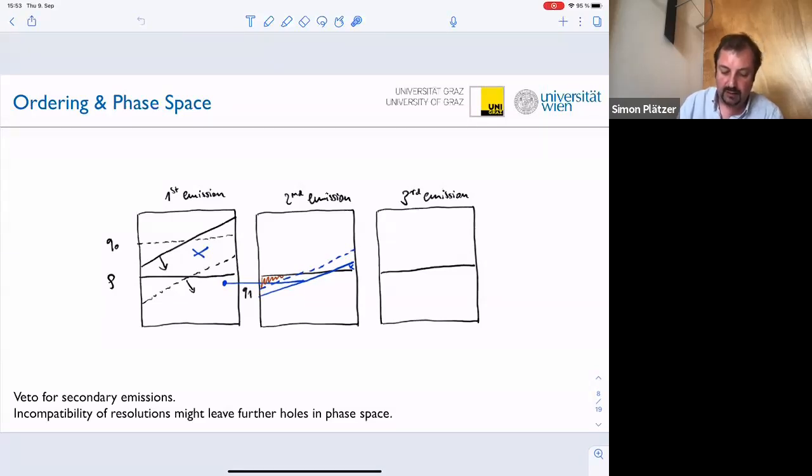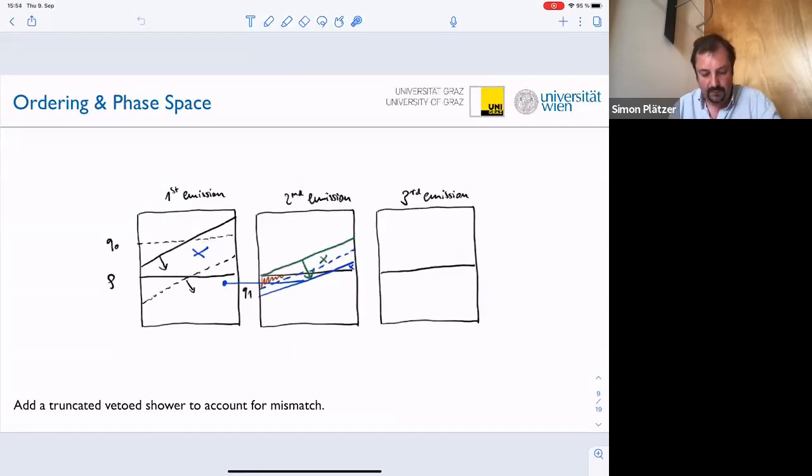Now, this is exactly one of the features we hit if the parton shower ordering is not the same resolution criterion on emissions as what we chose to divide the phase space between hard and soft emissions. And this necessitates truncated vetoed showers, which I've depicted here in green.